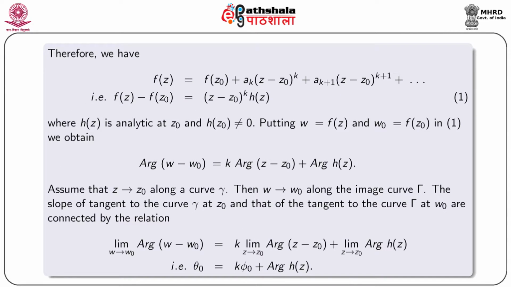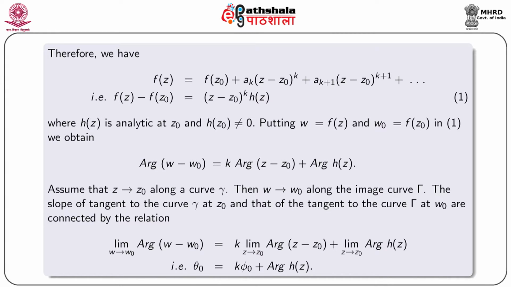So, we obtain f(z) = f(z0) + a_k (z - z0)^k + a_{k+1} (z - z0)^{k+1} + etc., which gives f(z) - f(z0) = (z - z0)^k h(z), where h(z) is analytic at z0 and h(z0) is not equal to 0.